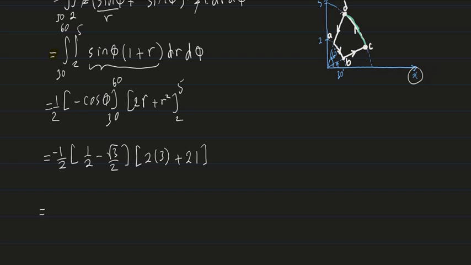So doing the mathematics, this should be minus 1 over 2. Well, I'm going to take 1 over 2 as a common factor here, so this is minus 1 over 4. And this is 1 minus square root of 3. And this is simply 27. Okay, so this is equal to 27 over 4 times the square root of 3 minus 1.